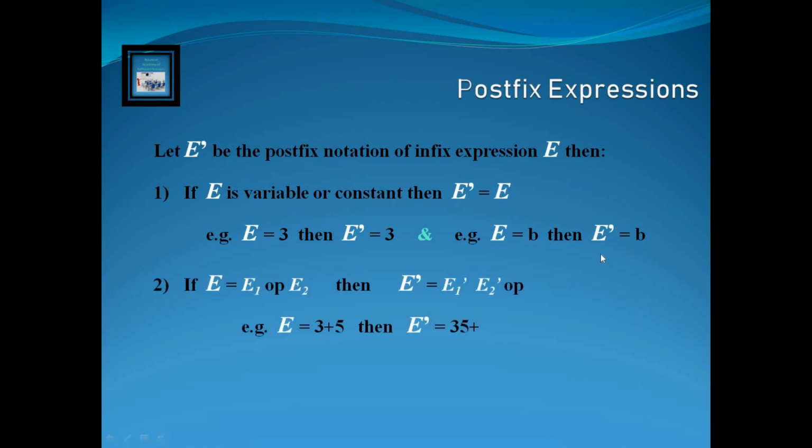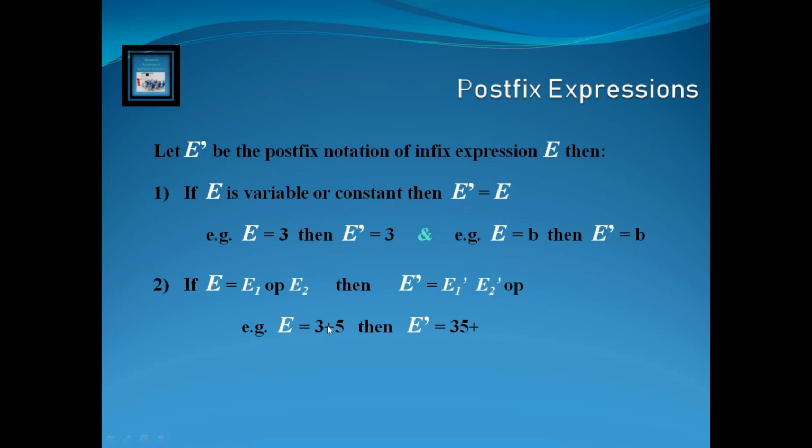The second rule says that if the infix form expression E is in such a form that E1 operator E2, for example in the form 3 plus 5, then its corresponding postfix form will be the postfix form of the first expression, then the postfix form of the second expression, and at the end the operator will come.